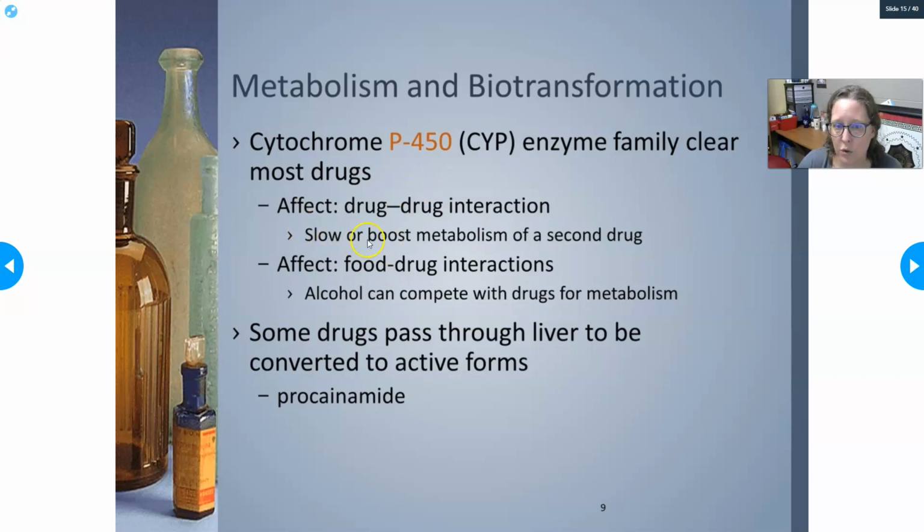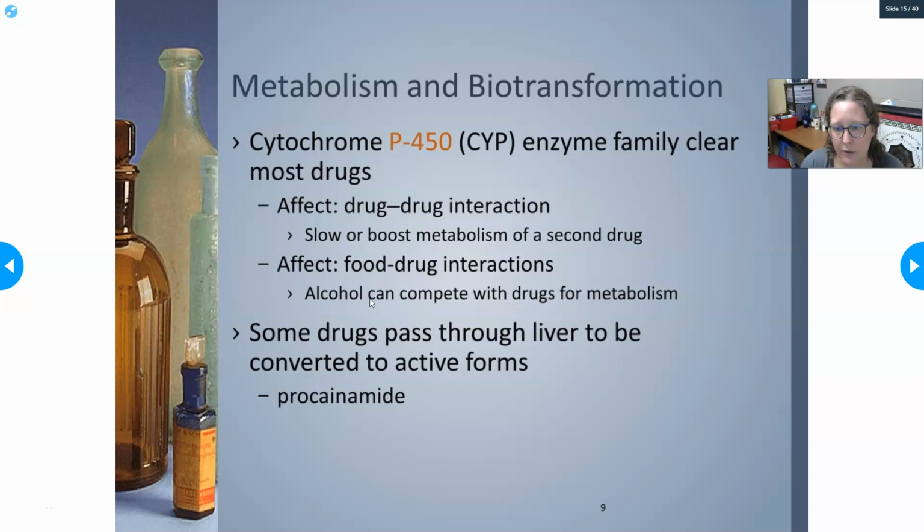It could slow the enzymatic detoxification, or it could boost it, if there's polypharmacy, if multiple drugs are being taken at the same time. It can also affect food-drug interactions. For example, alcohol can compete with other drugs for metabolism. So alcohol and phenytoin could compete for metabolism.